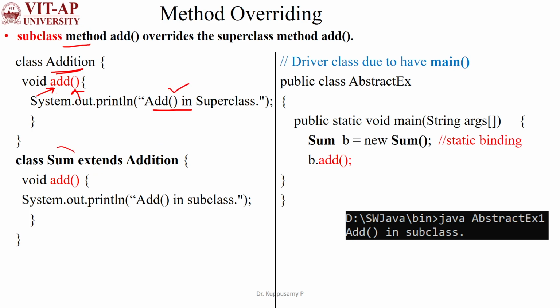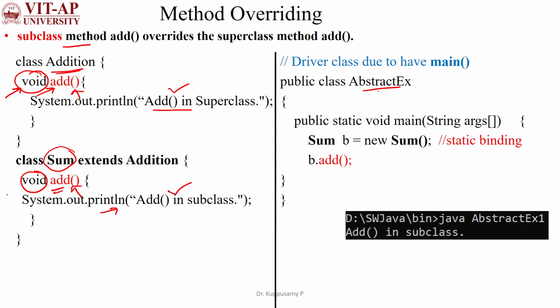Then we create the class Sum, which extends the parent class Addition, which also has the same method name add with no arguments. The parent class also has the add method with the same type. Both are void, and this prints "add in subclass".